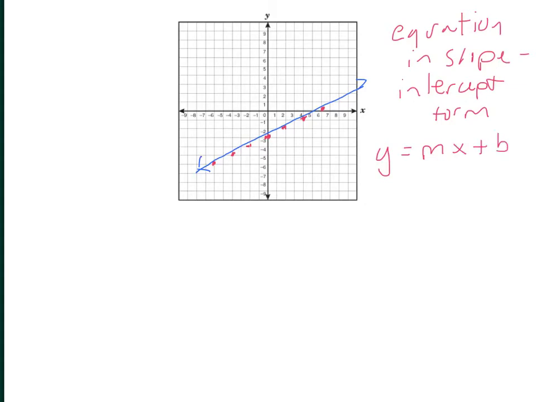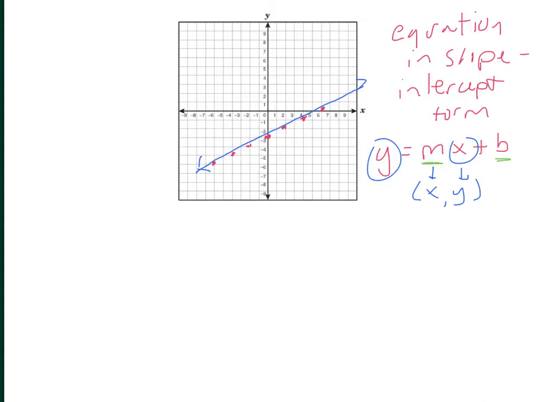The y and the x are your variables for the ordered pairs, so that's still your x, y values, input and output. So really what I need to find is the m and the b.